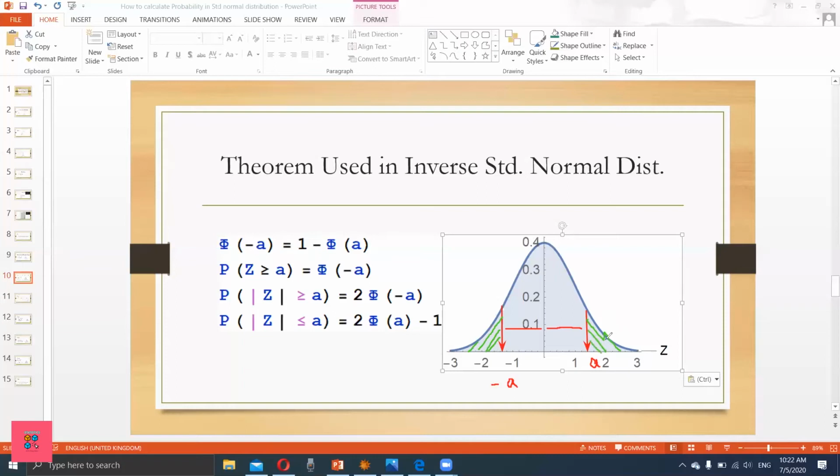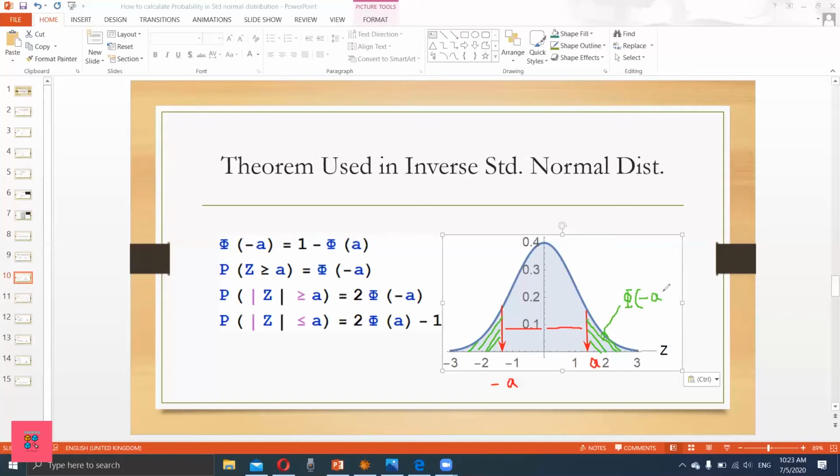We have studied this topic. As you can see, both shaded areas are of the same length, so this would be equal to phi of minus a.